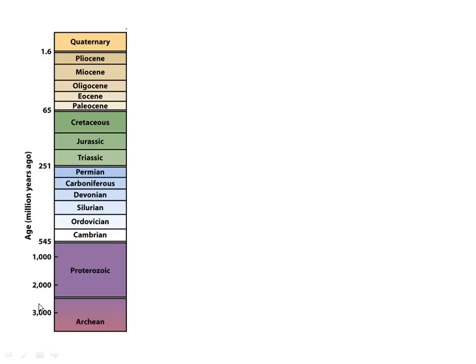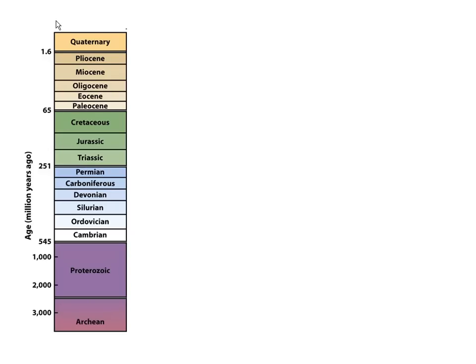So on the very far left is time or age in millions of years, going all the way from the present at the top to the oldest time periods in Earth's history on the bottom. And each particular interval is named according to an area or a region where it was best represented or best exposed.